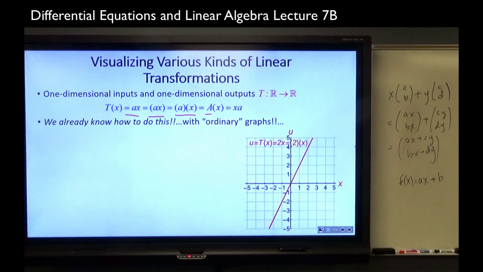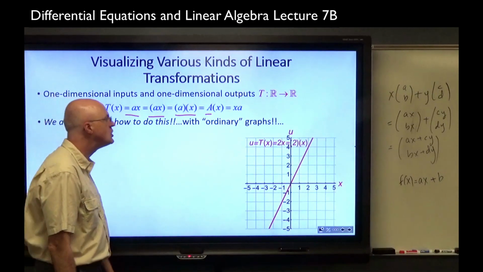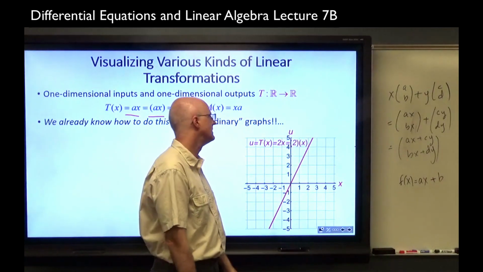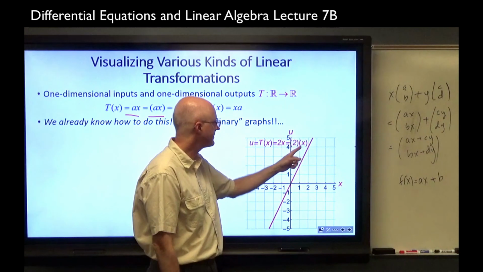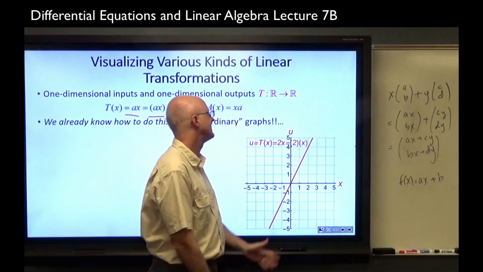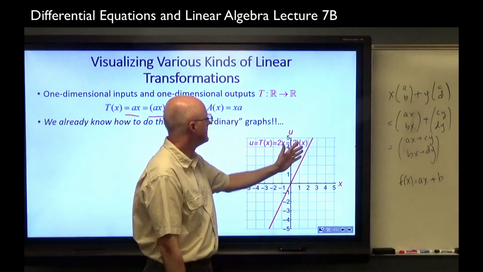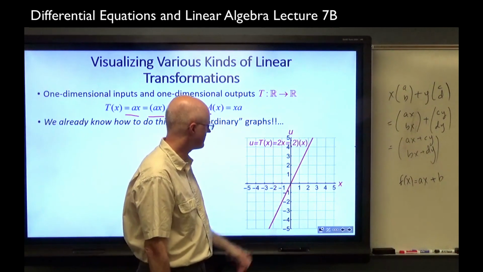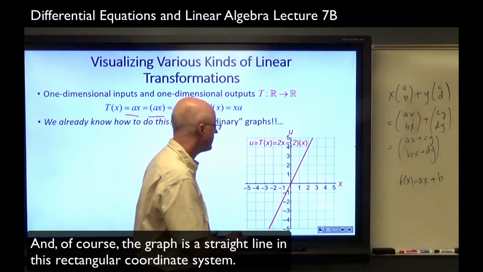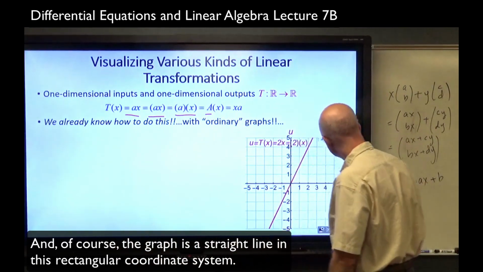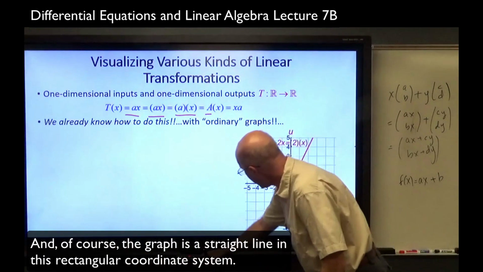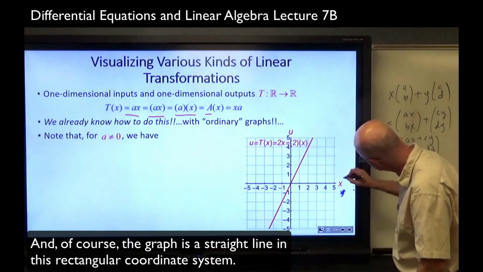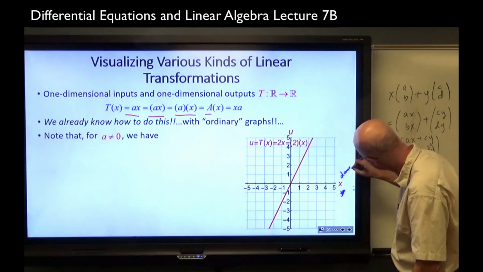Okay, so here I picked A to be 2. I can think of it as the number 2, or I can think of it as the 1-by-1 matrix 2. I can think of x as a number, or as a 1-by-1 matrix x. The graph is the usual kind of graph. It goes through the origin, slope of 2 in this case, vertical intercept of 0. You want to think of the horizontal axis as being the domain, which is R. That's the domain.